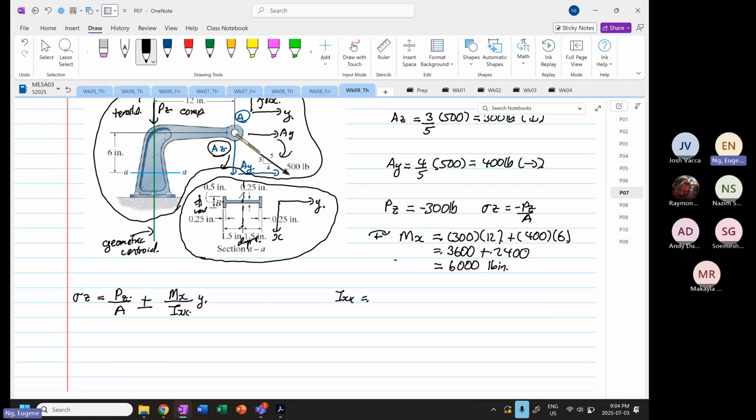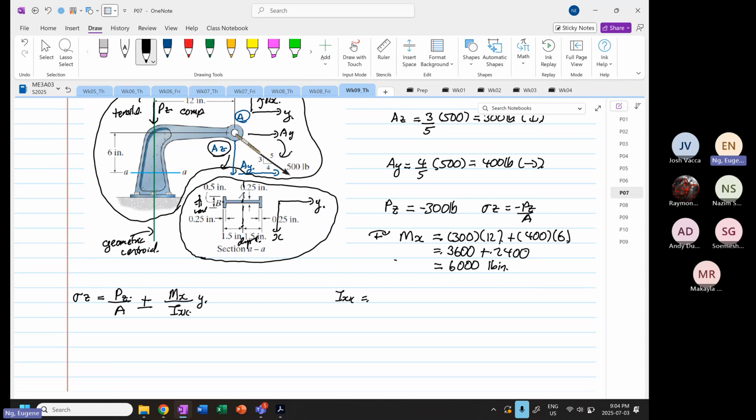So the rotation about XX is going to rotate the width and depth. Yeah, it's correct. So IXX.